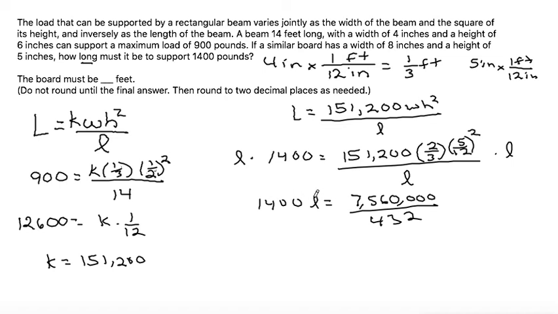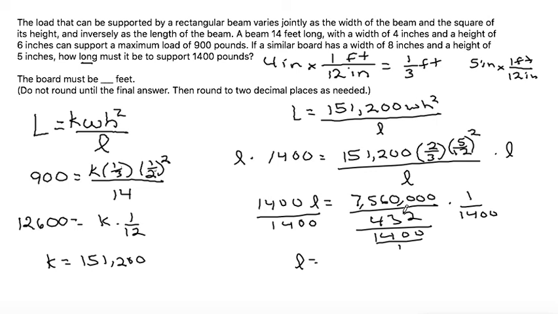So then to finish solving for L, we need to divide both sides by 1,400. Dividing by a fraction means the same thing as flipping it and multiplying it, so this will become 1 over 1,400.